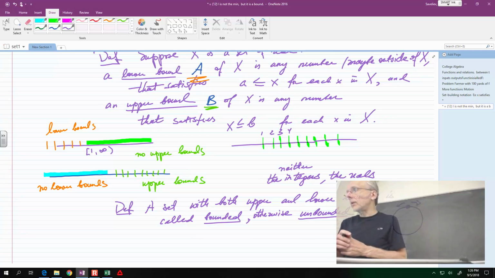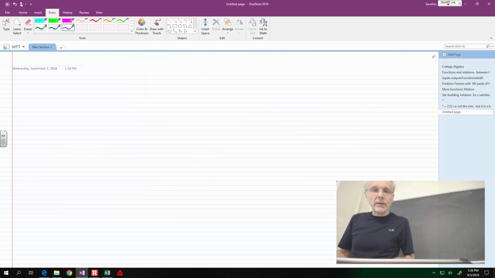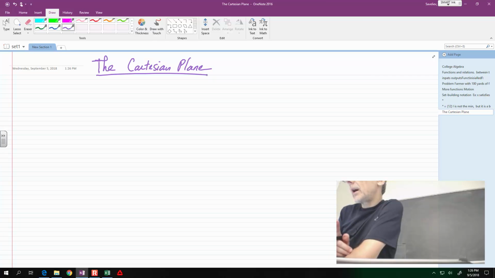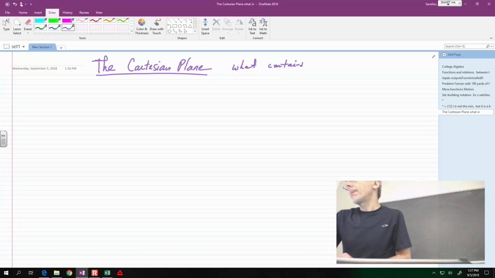Okay, so with that conveniently available, we are progressing to the next topic, and that is the Cartesian plane. You may have seen it before, but I want to take the right angle from the beginning so that there would be no confusion. The Cartesian plane is what contains graphs.